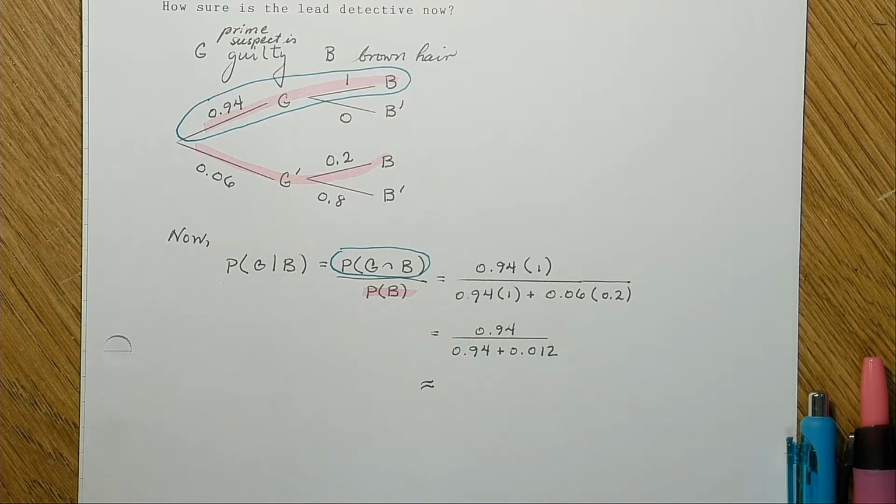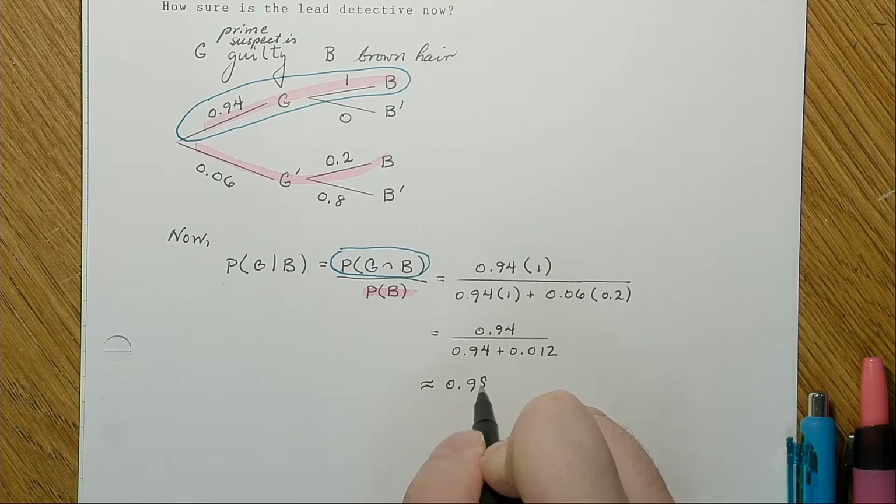And can someone calculate that in the chat? 0.94 over 0.94 plus 0.012. Okay, yeah, that looks good. 0.9874. Everyone else got that? Okay, good to see there's confirmation.